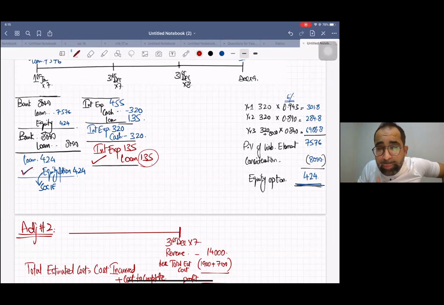So this is an expense, and when we book this interest expense in the profit reconciliation, it will decrease the profit. So don't forget, this 135 will decrease your profit. One more thing, the equity option thing will go in SOCHI.